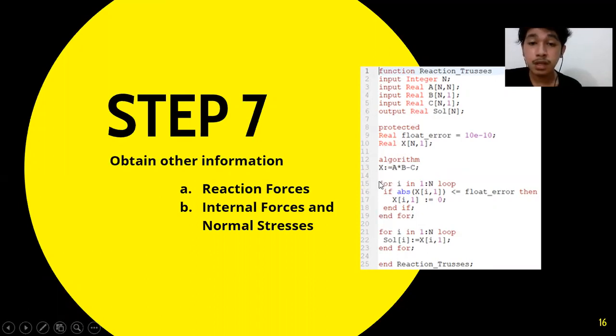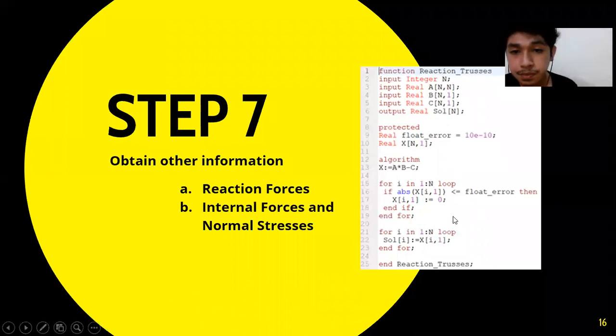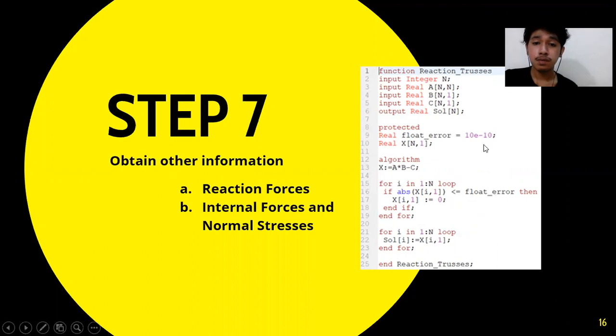But in this example, the algorithm is more simple, which is X equals to A times B minus C. So in this case, we need to also eliminate the elements of error. And then we get to end the programming of reaction trusses.